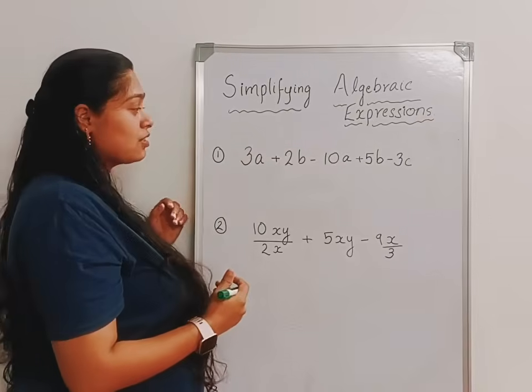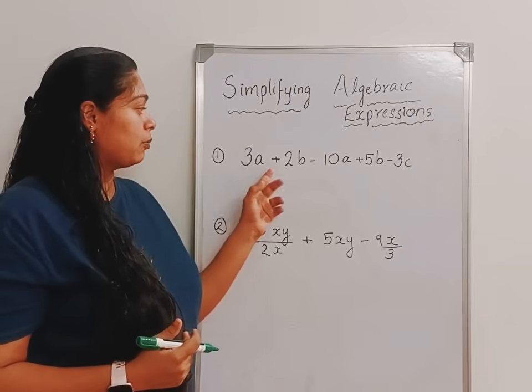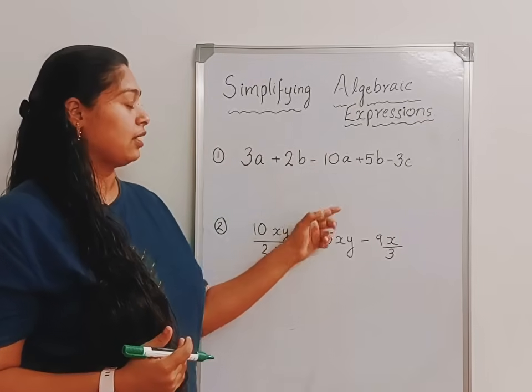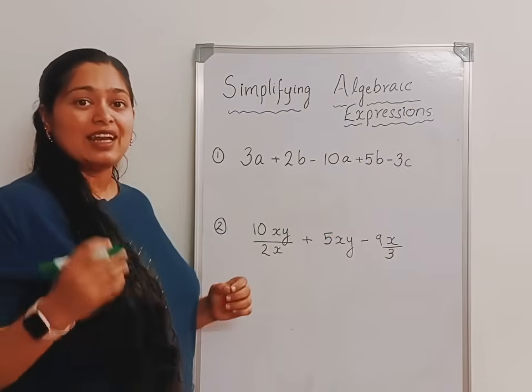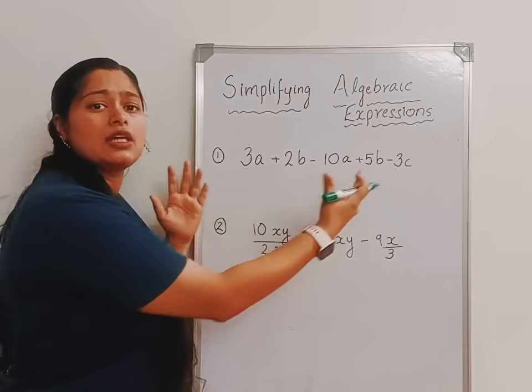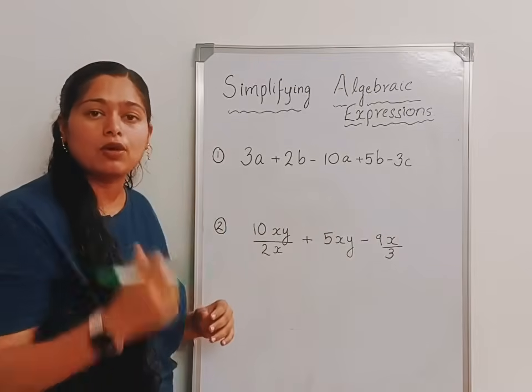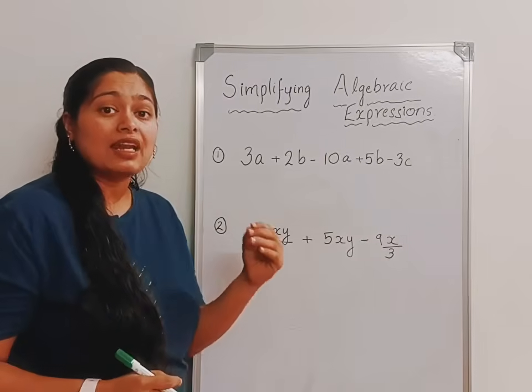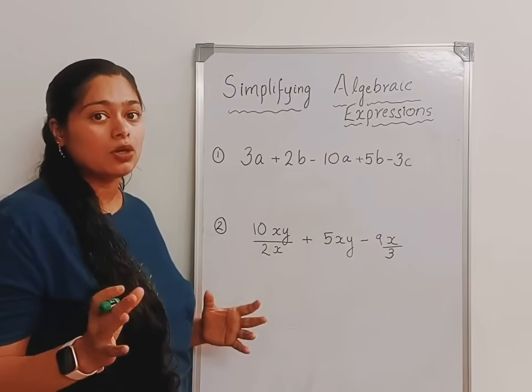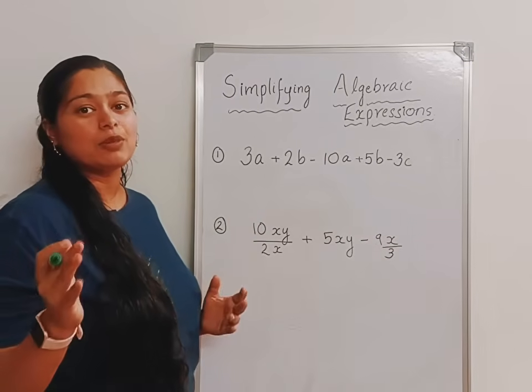The first question you can see here: 3a plus 2b minus 10a plus 5b minus 3c. So here let's see how to simplify this lengthy expression into a smaller one. So let me remind you of the term like terms. If you don't remember what like terms are, please refer to my previous video.